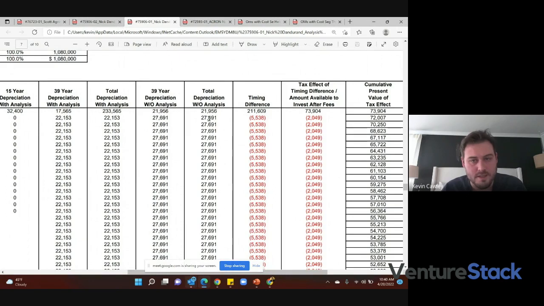By doing cost seg, his write-off in year 1 is going to be $233,565. So how long would you have to wait to get that loss? 30, 60, 90, 120, 150, 180, 210, 7 years to get the write-off we're going to give him today. And then every year after, he still gets a write-off, $22,153, which is only $5,000 less.